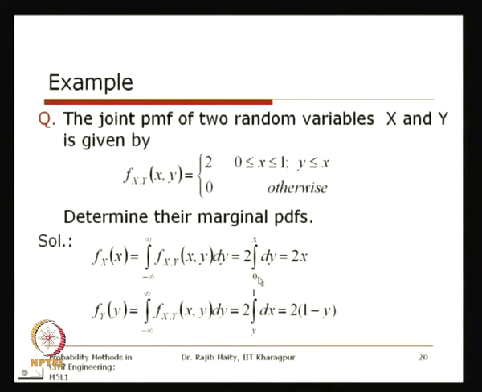Starting from 0, it can take a maximum value up to x. So this equals 2x, and similarly f_Y(y) we get by integrating with respect to x from y to 1, and if we do this integration, we get 2 times (1 minus y).